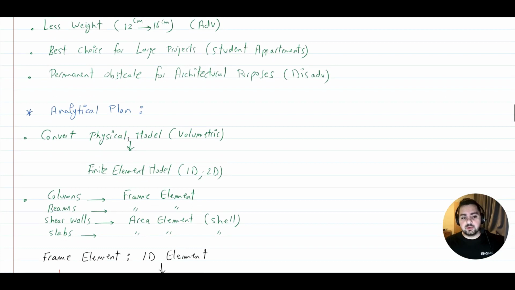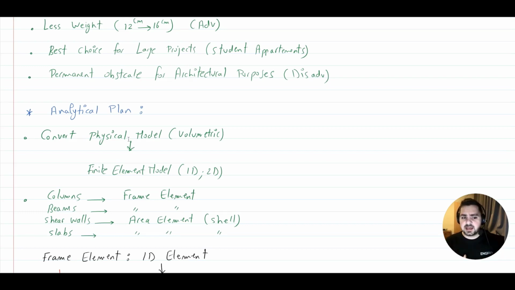Now, we are going to move on to the concept of an analytical plan. We said before that we need to convert our structural plan into an analytical plan, and this analytical plan is what we are going to import into our software in order to start with the design of our model.